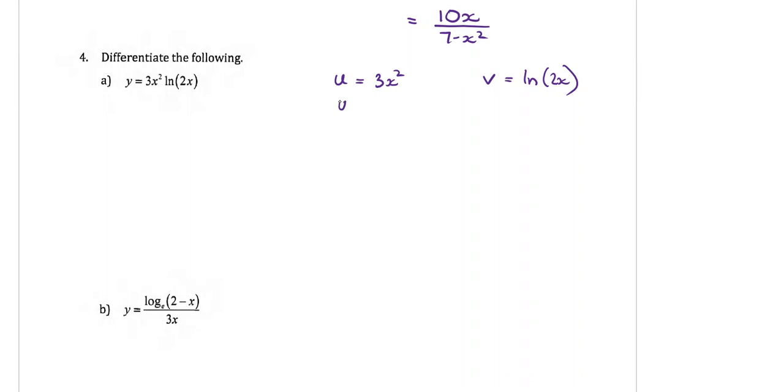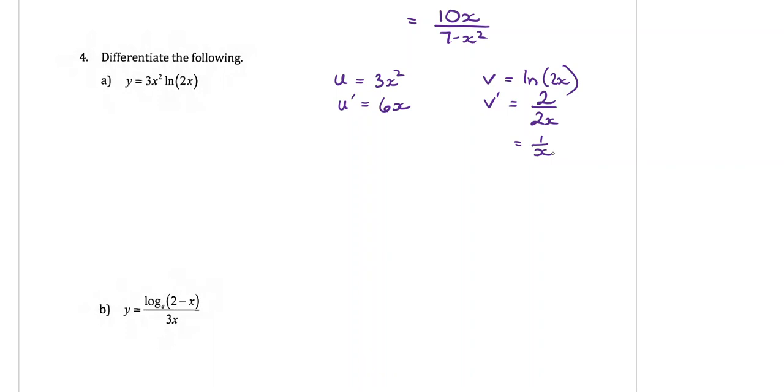Differentiate both of them. u dash is 6x. v dash is, so 2x is the function, and the derivative of 2x is 2. 2 over 2x simplifies, though, to just be 1 over x.